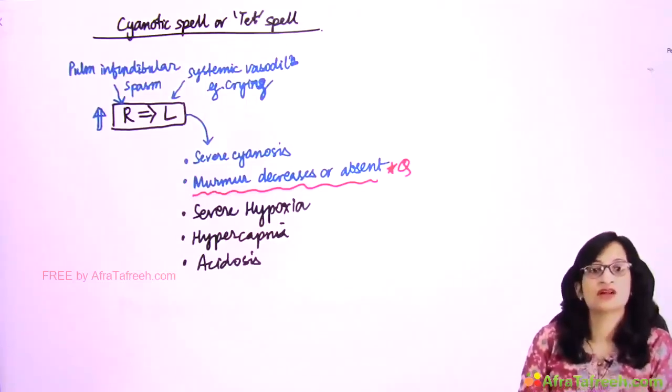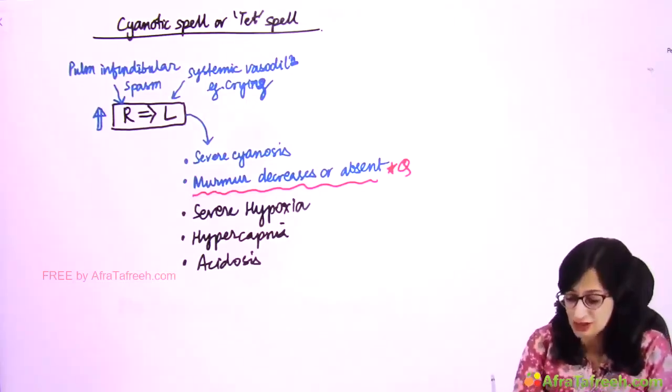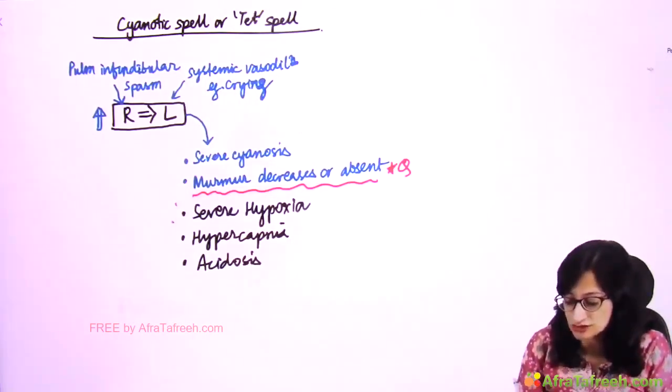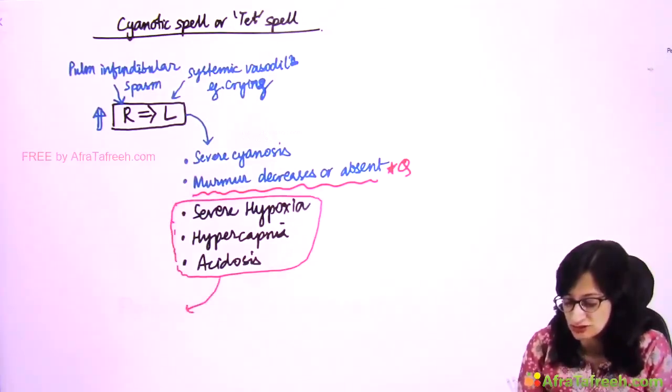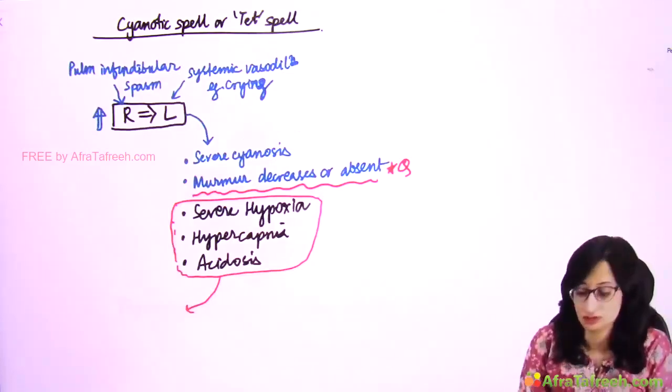Now, the severe hypoxia, hypercapnia and acidosis, what will they do? They will go and stimulate the respiratory center in the brain.